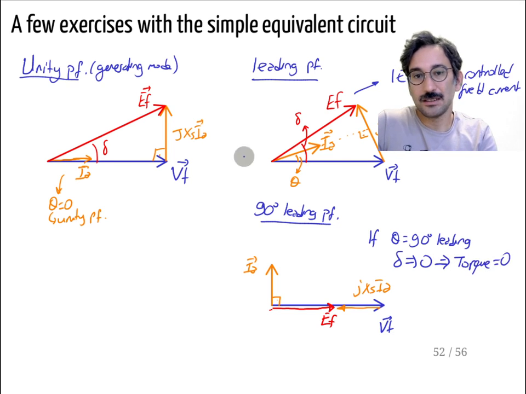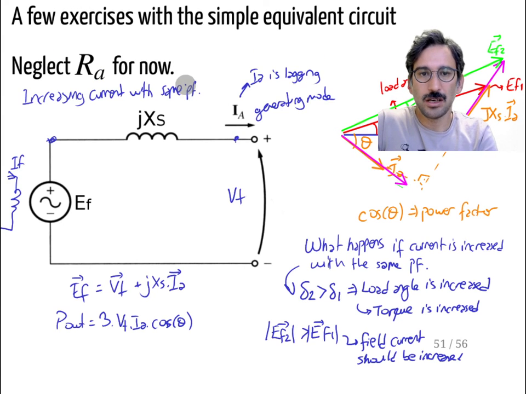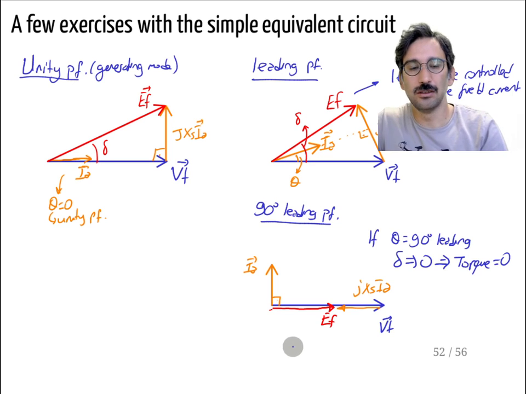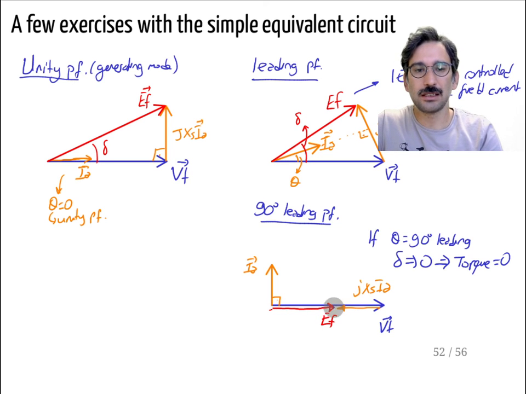That is understandable, because if you somehow drove 90 degrees leading current from here, even if you are drawing reactive power, the real power that you draw is 3 VT IA cos theta. So if theta is 90 degrees, there is no real power, and if there is no real power, there will be no torque. So it is not surprising to have 0 load angle, and actually that is the magnitude of EF. That is what the EF should be.